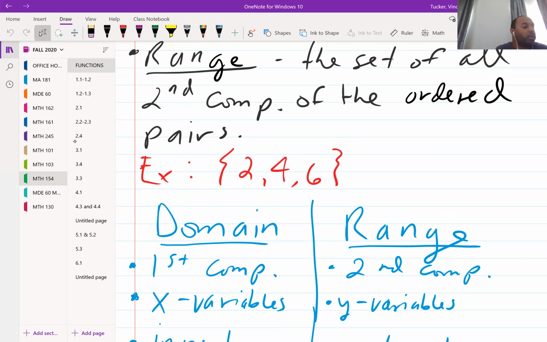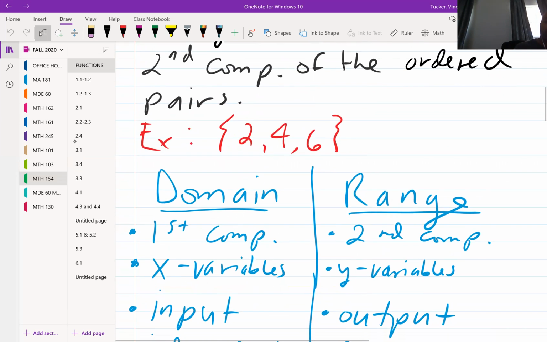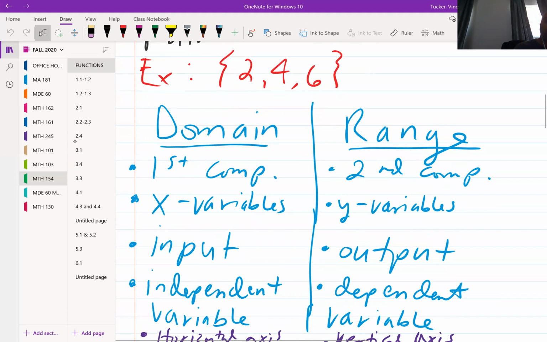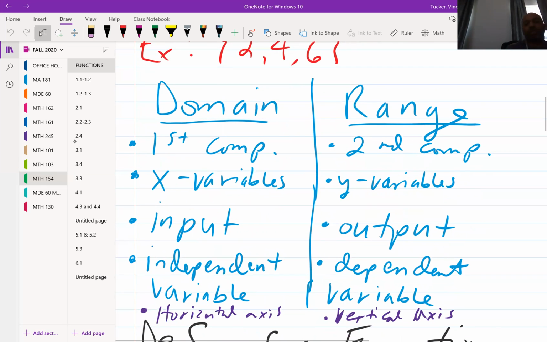All right, next we're going to list the differences between your domain and range. So your domain is all of your first components, while your range will be your second components.